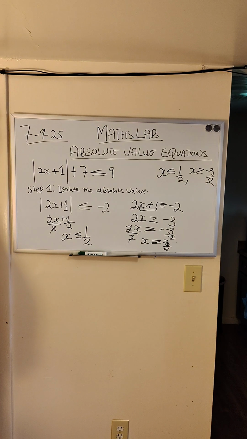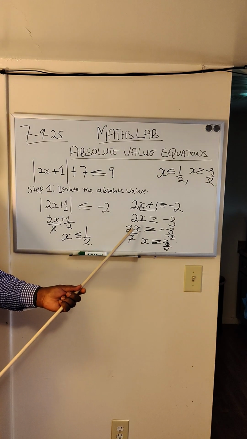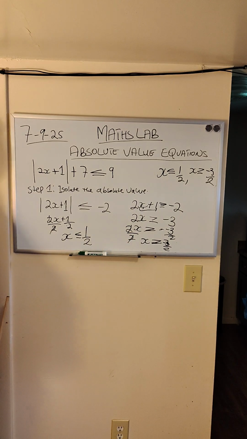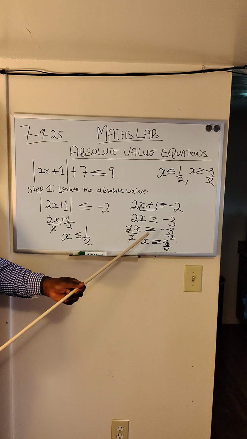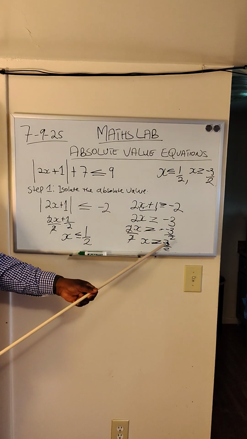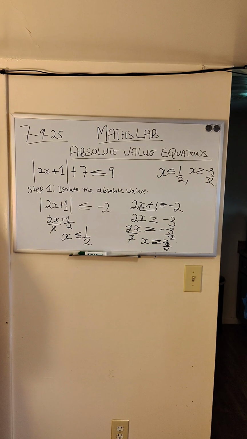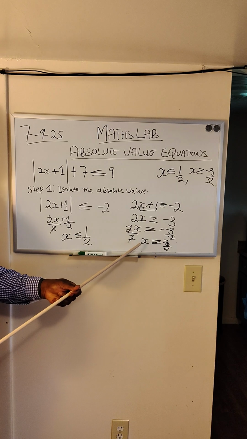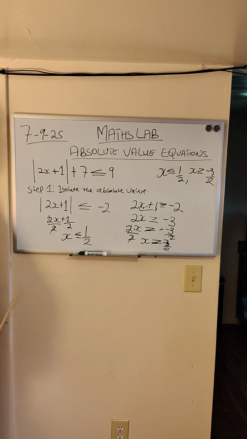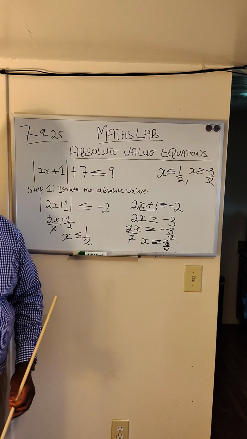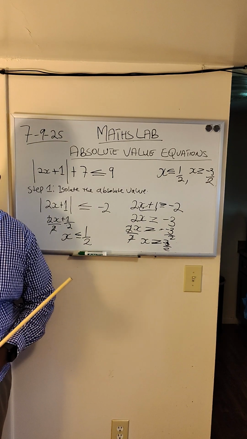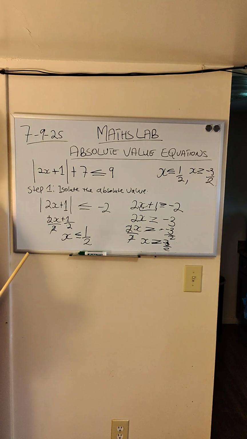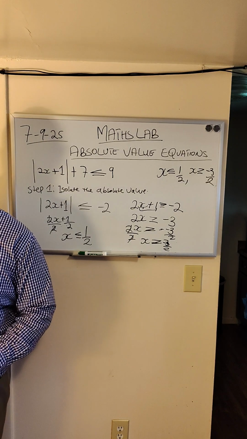You can see how we got our -3, and then we divided by 2 to solve for x, and our final answer is x is less than or equal to -3 over 2.